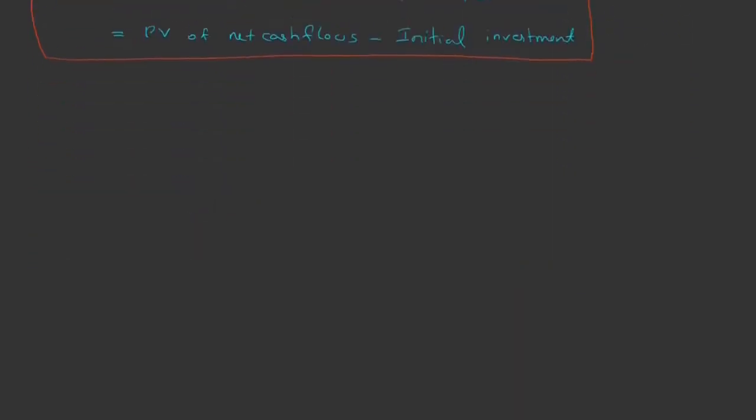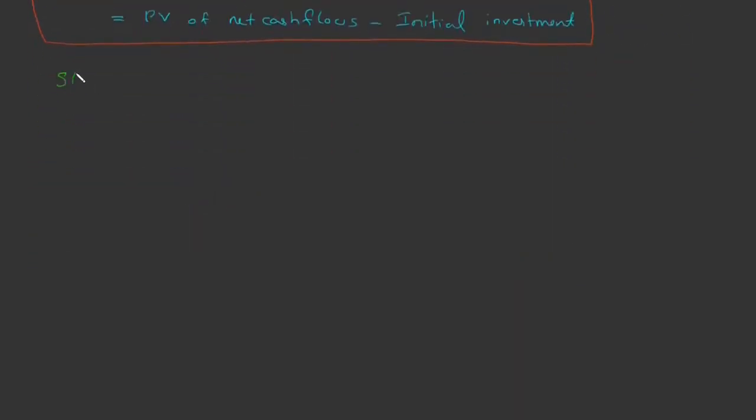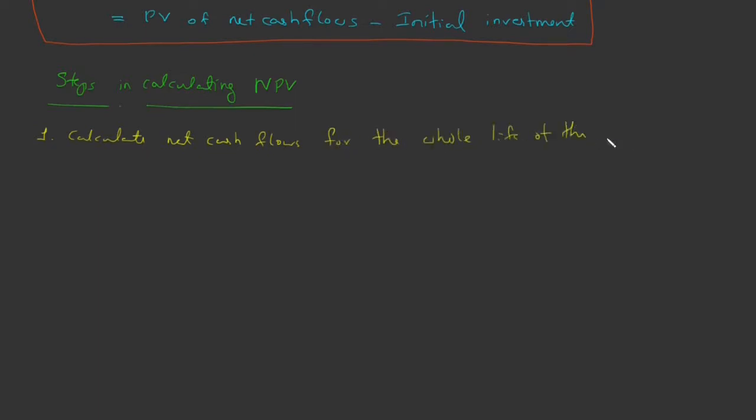So now we are going to study steps in calculating NPV. The first step is to estimate the net cash flows for the whole life of the project.